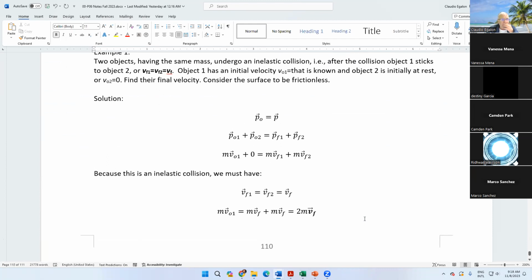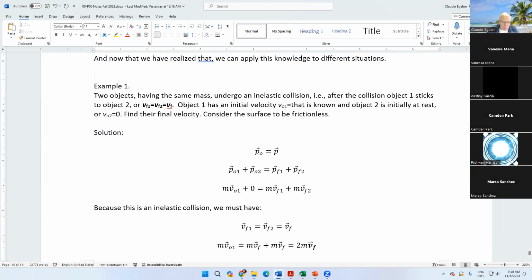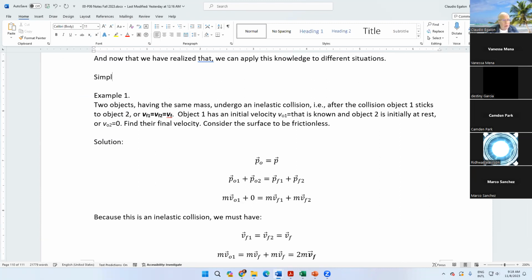That's the simplest problem you're going to see out there. Simplest collision problem: 1D collision, M1 equal to M2, V02 equal to 0.